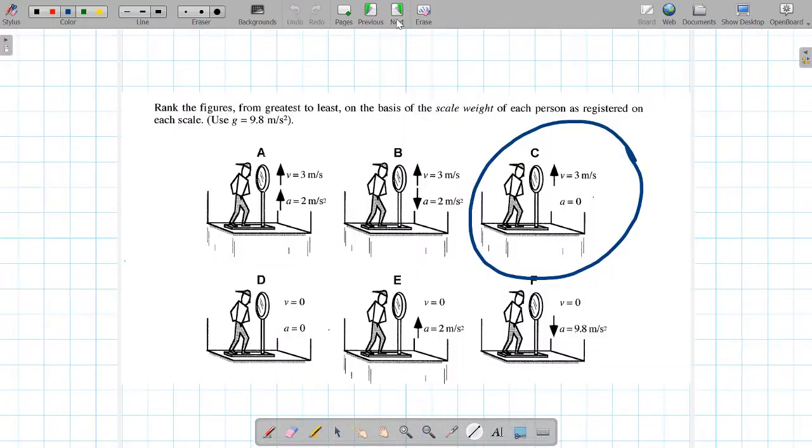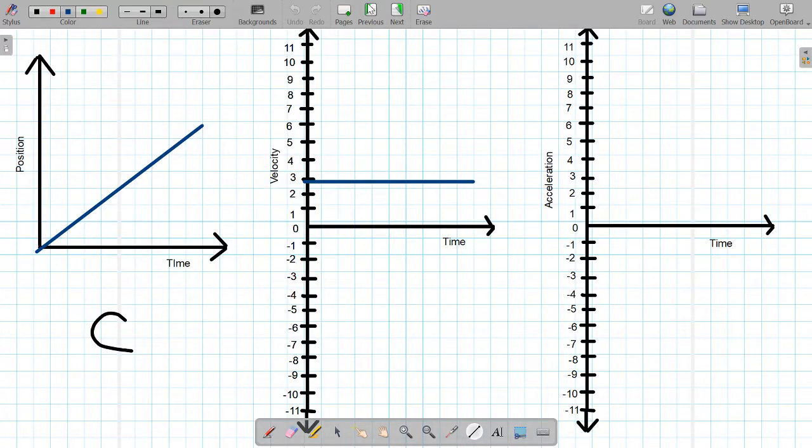And lastly, a constant velocity by definition means my acceleration is 0. So if my acceleration is 0, I just come over here and draw a straight line through 0. Okay, so that's my acceleration.